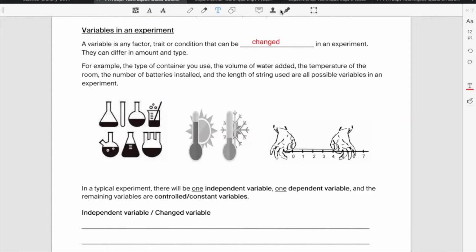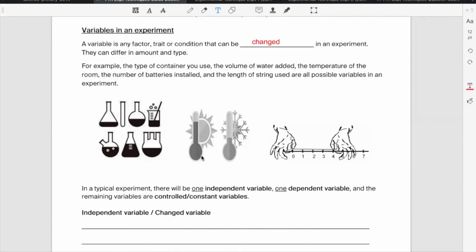Now, back to my question. If they ever ask you to identify the change variable or measured variable, it can never be water. It can never be beaker. It will always be the something of water, something of beaker.